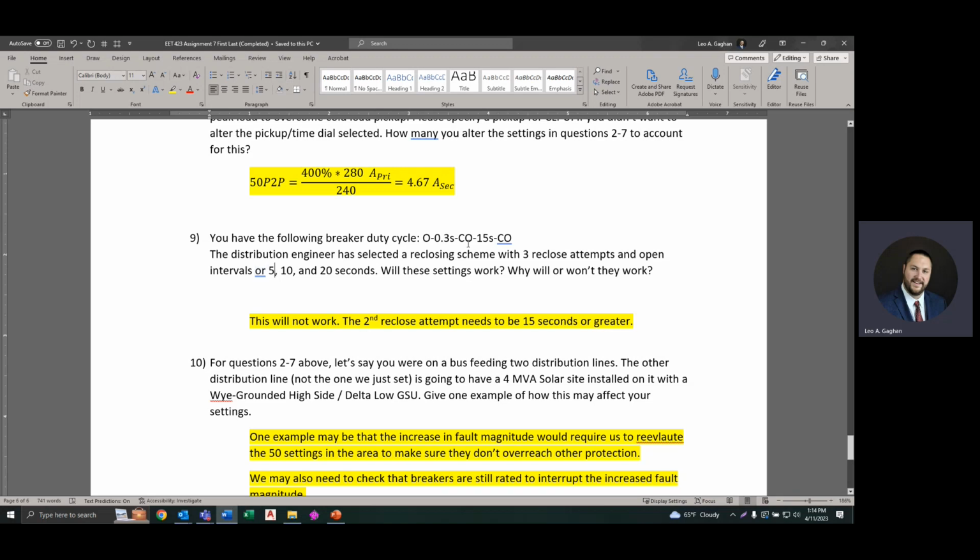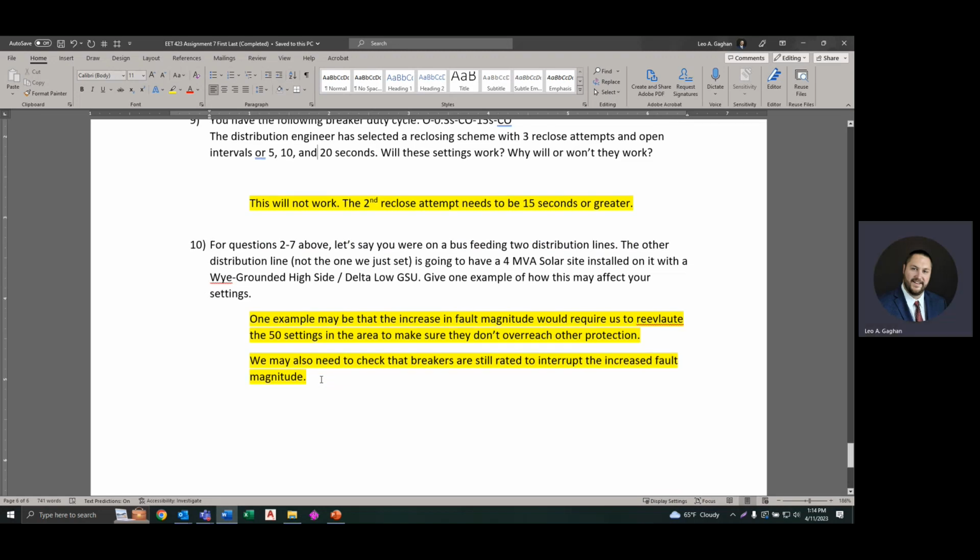Our 5 seconds is greater than our 0.3 seconds. It's the second reclose attempt that would not work. 10 seconds is less than 15 seconds. Our breaker would not have time to reset itself mechanically and thermally to reclose.